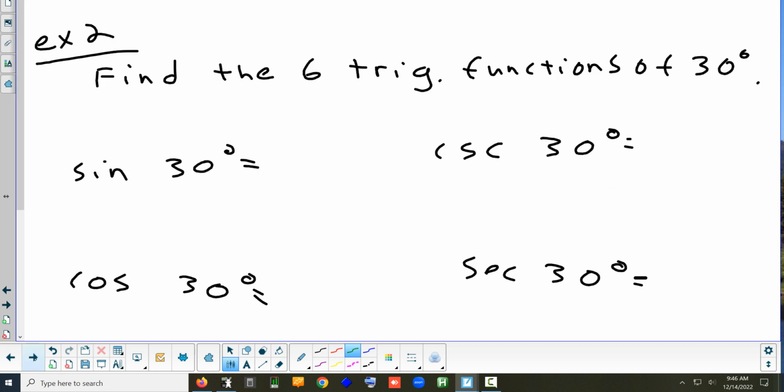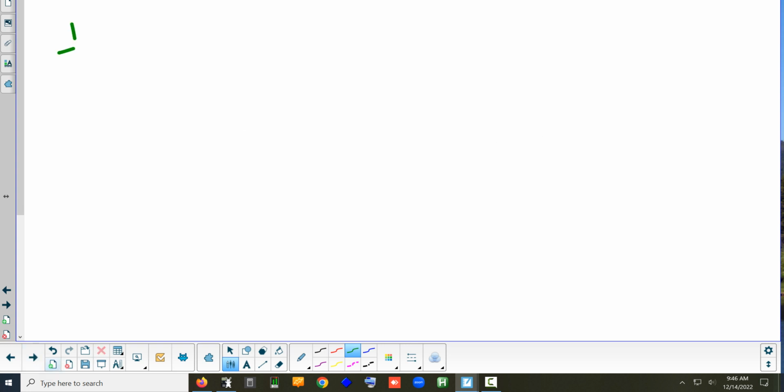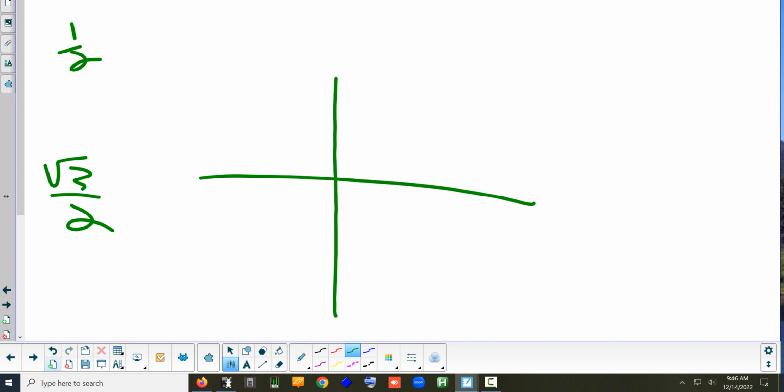Let's try 30. So 30 and 60s are a little trickier because you have to get the 1/2 and the root 3 over 2 in the right order. So think of 30 degrees. I know it's these two numbers. I have to figure out which one goes where. In your head, or on paper, draw your circle, and put 30 degrees roughly where it should be.